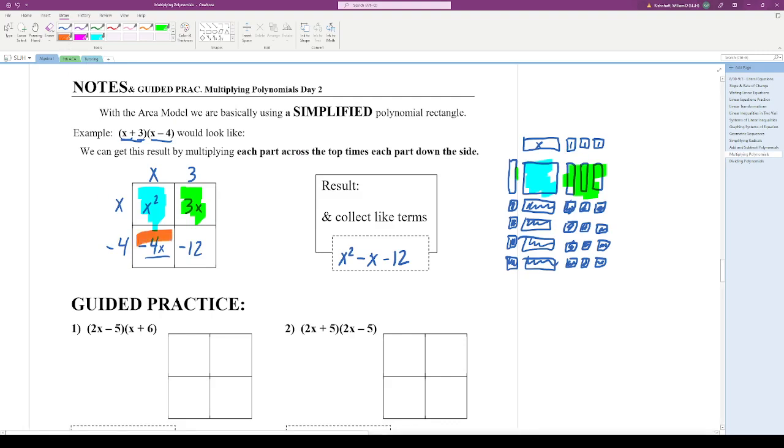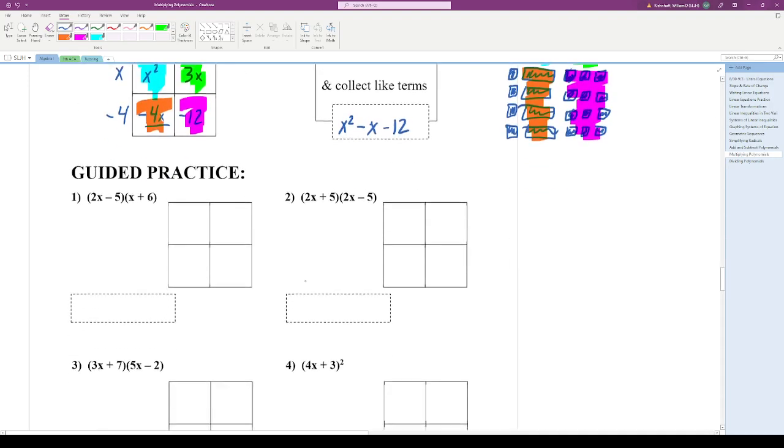Then our lower left, negative 4x, that's right down here. And finally, our negative 12 is down here. So these even come out in the same spots that they do within the area model. We're just taking them and drawing a lot fewer things and compressing those into individual term numbers. So this is a quicker, more efficient way of getting the same result that we had from the algebra tiles.